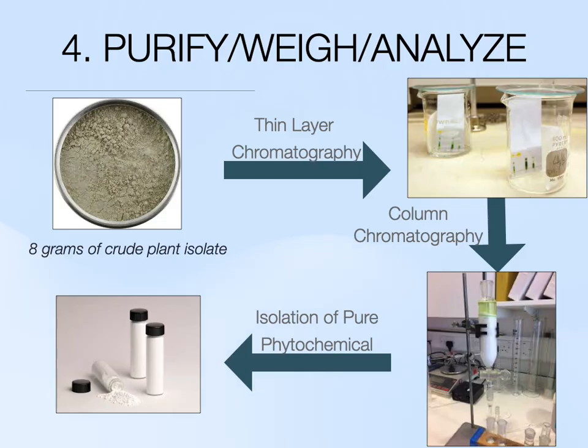And at the bottom of that glass column, there are some collecting flasks, and those are actually the containers that are used to collect the individual phytochemicals as they are being separated from each other.